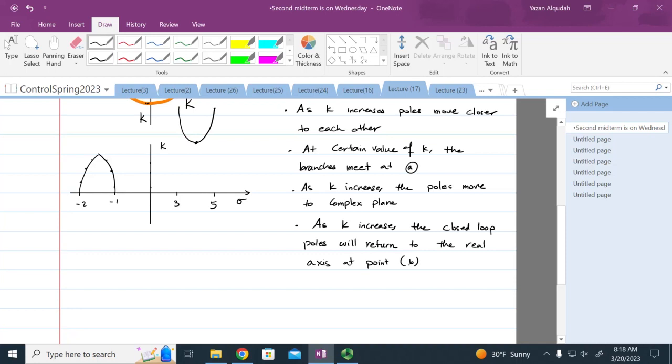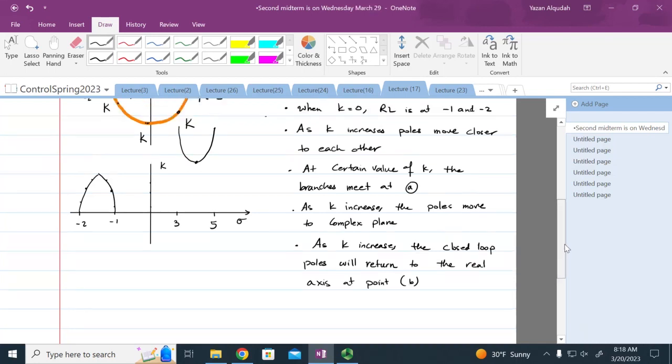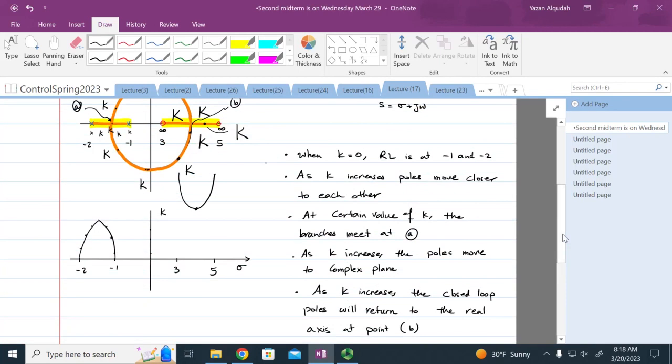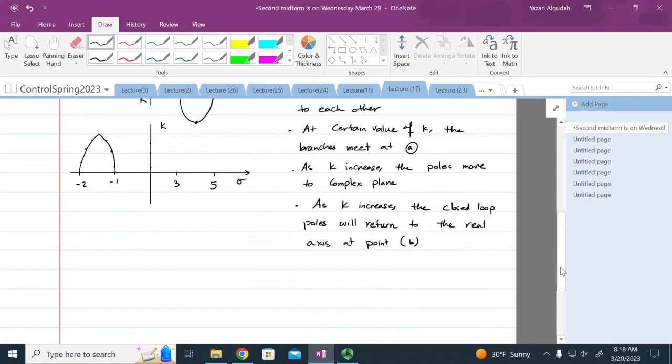We're going to move back to the point B that we labeled there. And then as we keep increasing k, the poles will move toward the open loop zeros.